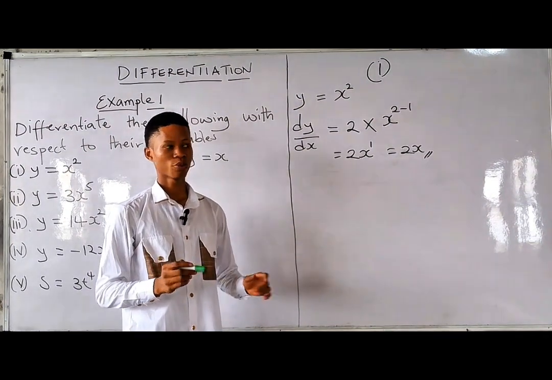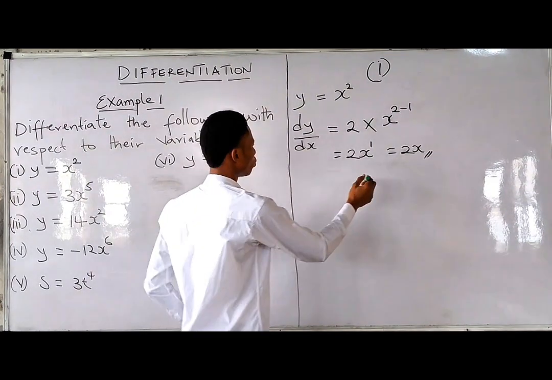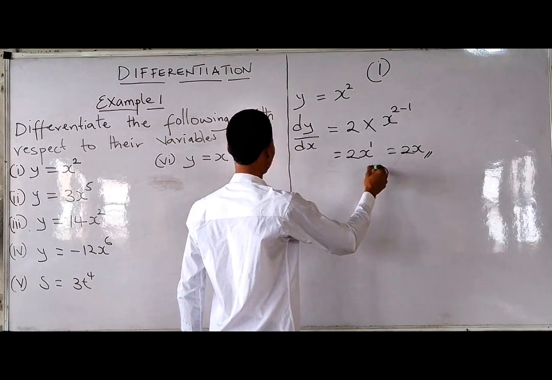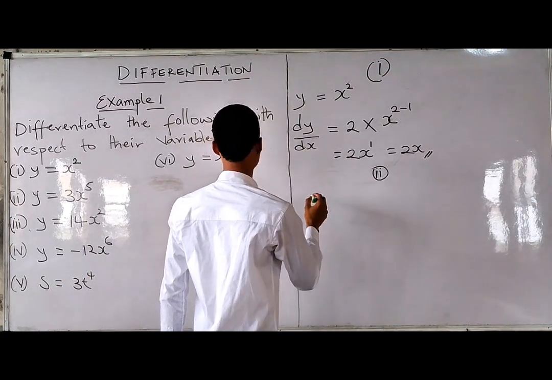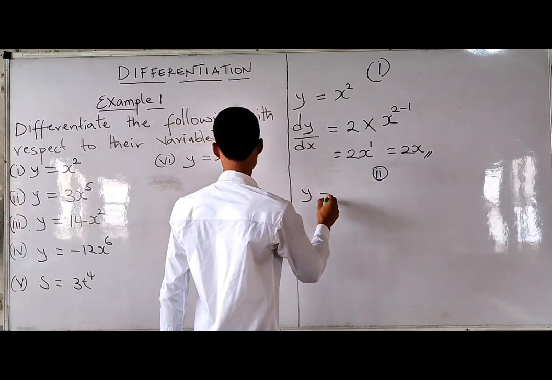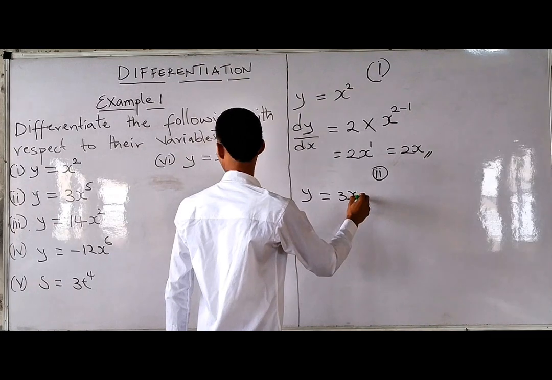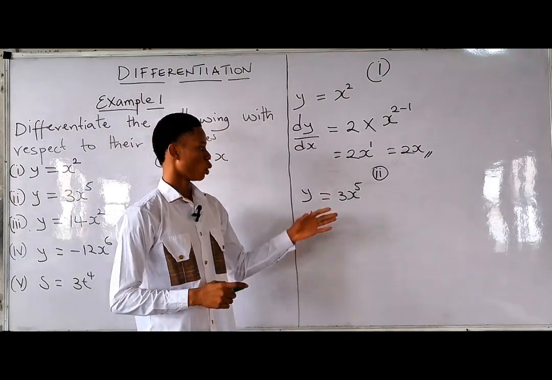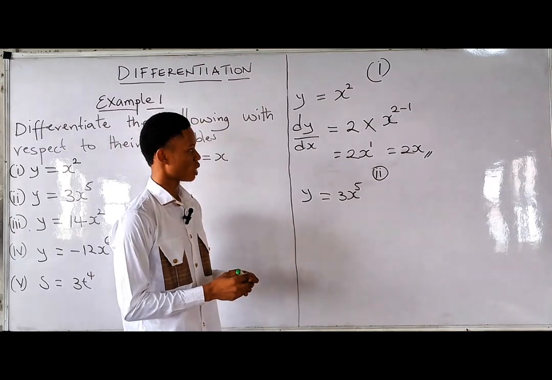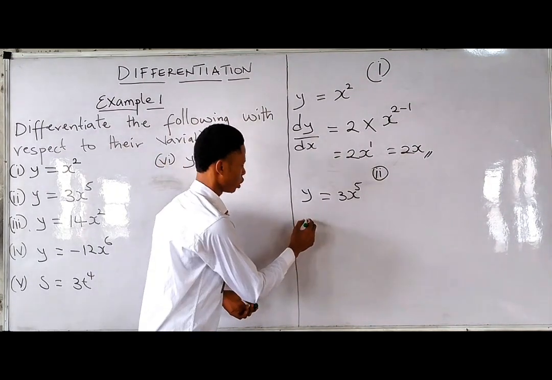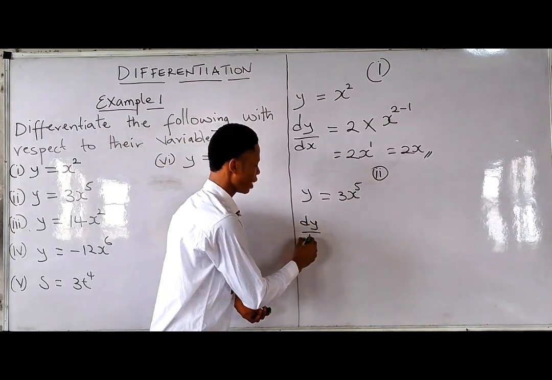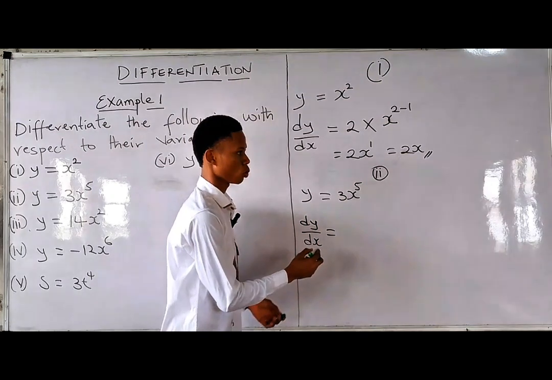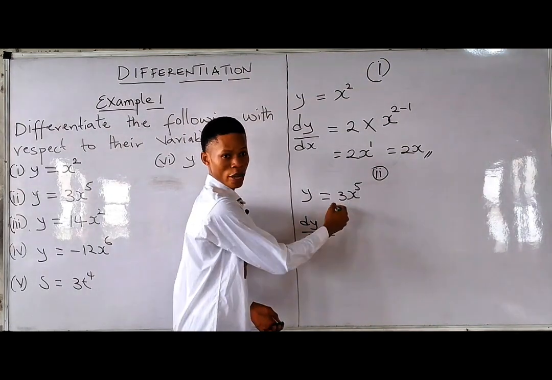Is it not simple? The second one now, we are asked to differentiate y equal to 3x raised to power 5. If you are differentiating this, still the same approach. dy over dx is equal to, we bring the power here, right?